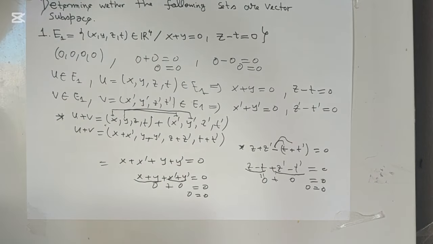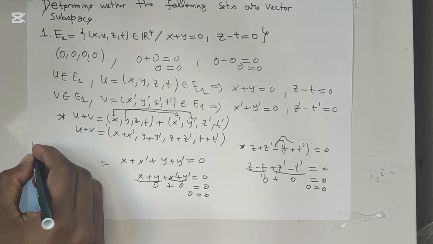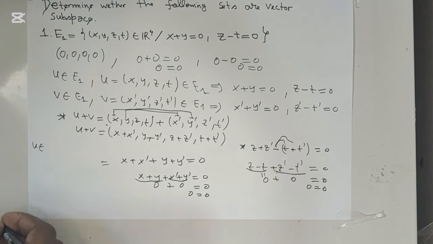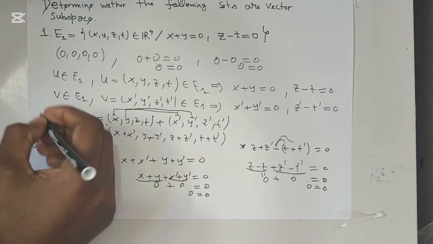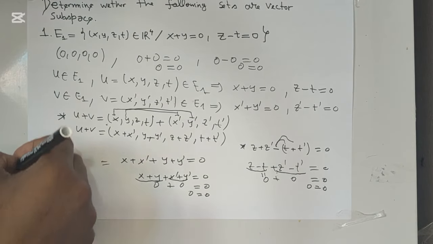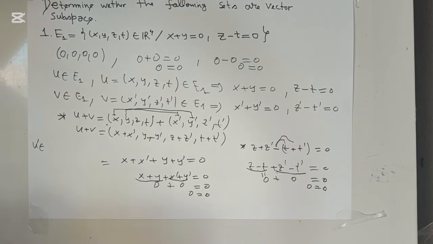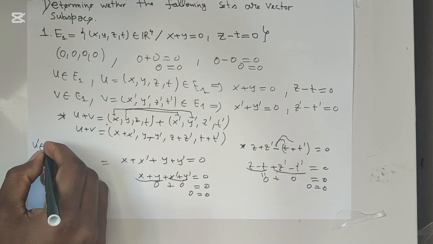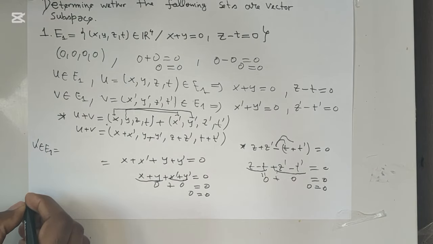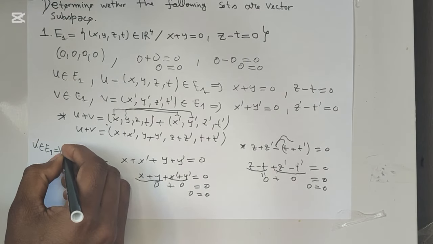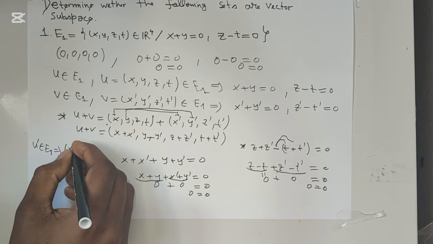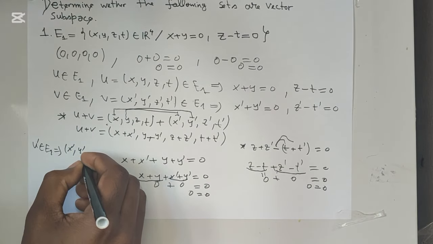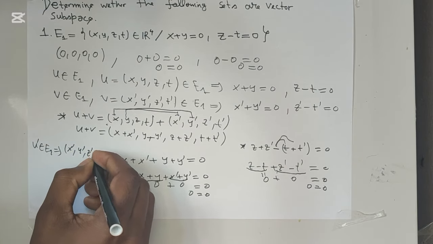For instance, if I say u prime belongs to A1, it's going to mean x prime, y prime, z prime, and t prime.